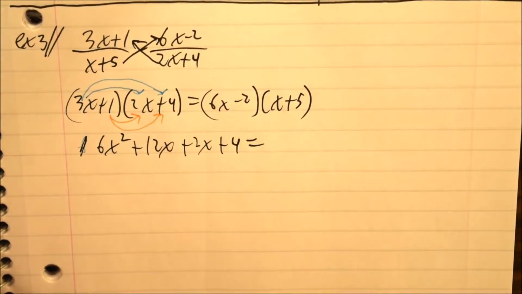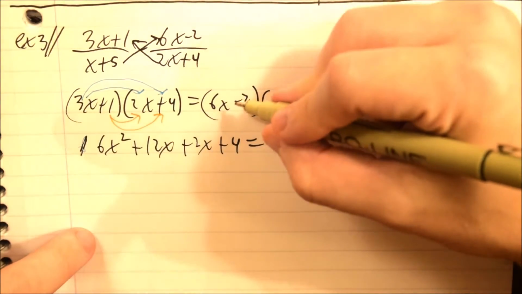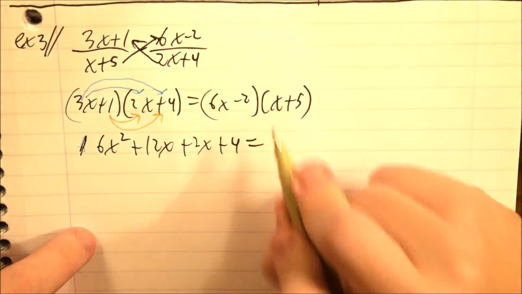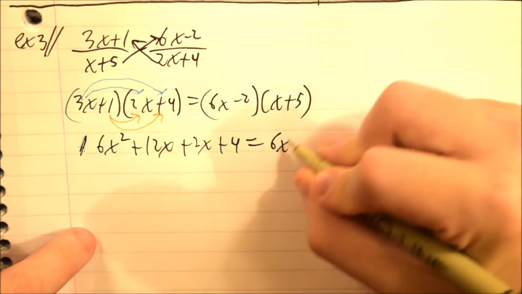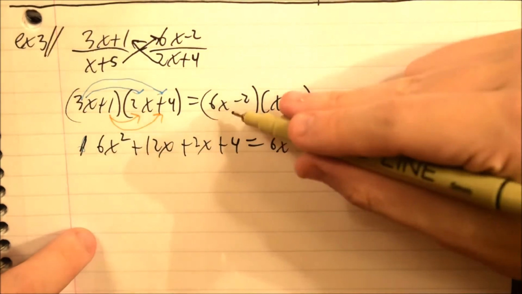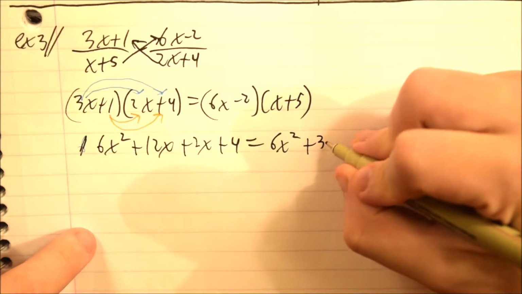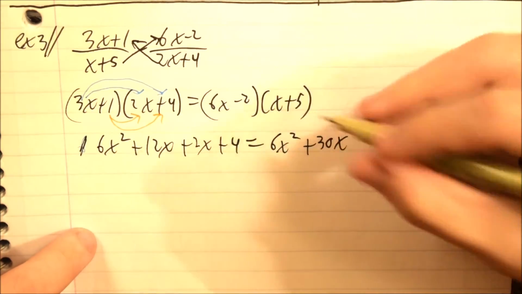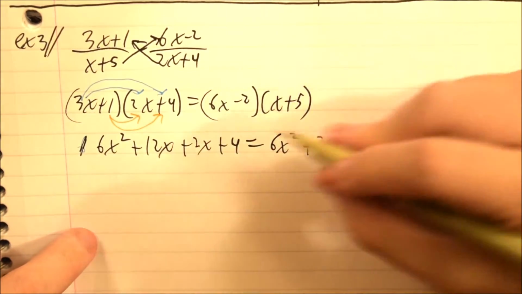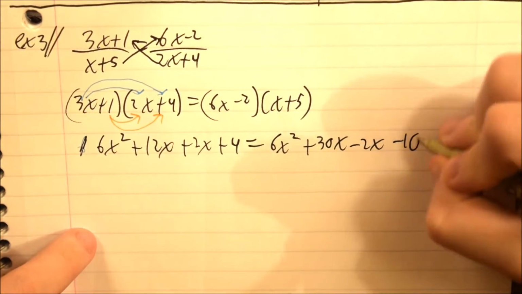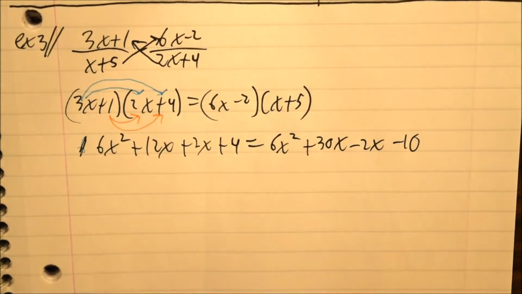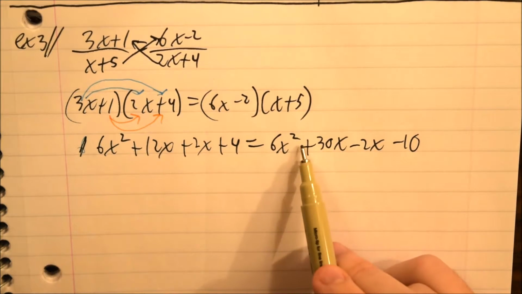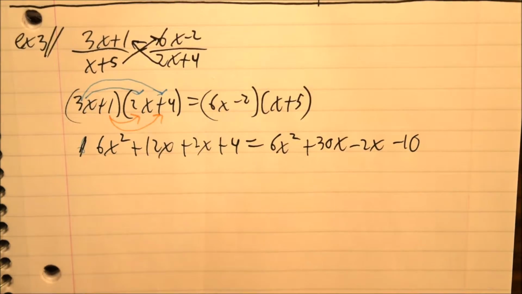That's the left-hand side. The right-hand side, I have the same thing going on. So I have 6x times x gives me 6x squared. 6x times 5 is plus 30x. Negative 2 times x is minus 2x. Negative 2 times 5 is minus 10. Now, if you've been keeping up with these videos, I haven't shown you how to solve if I have an x squared term, but they're going to cancel each other out.